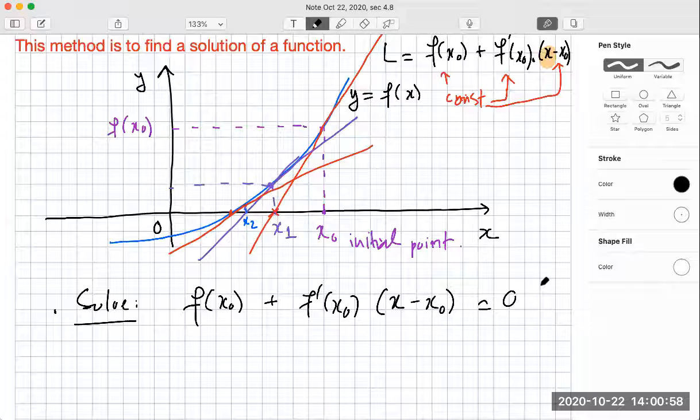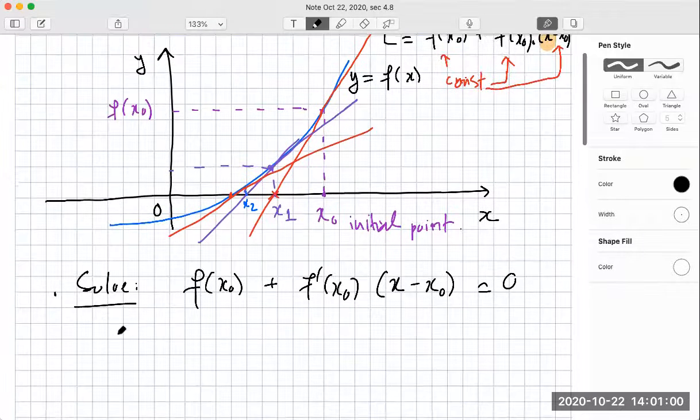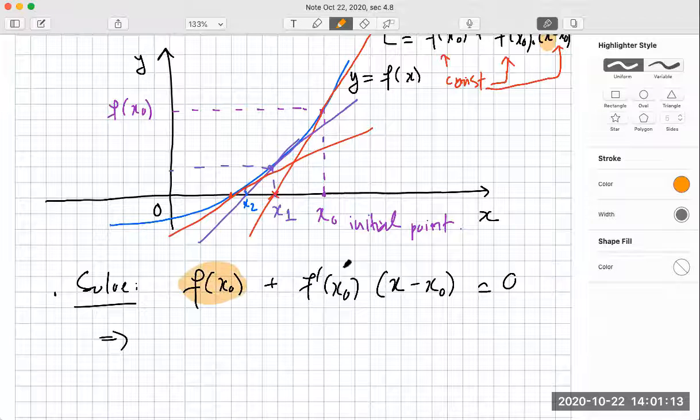We solve this one, okay, to find x. So how can we do that? These are numbers, right? Then can we find x here?